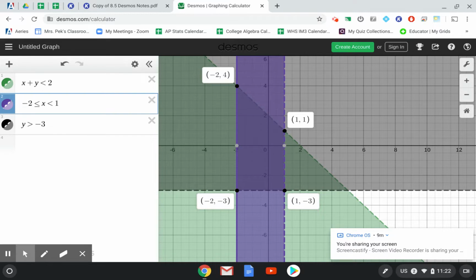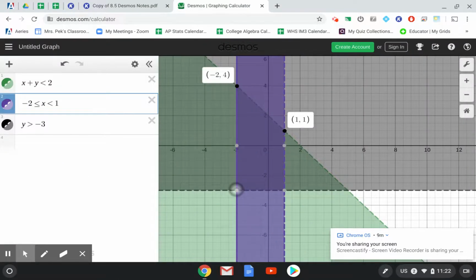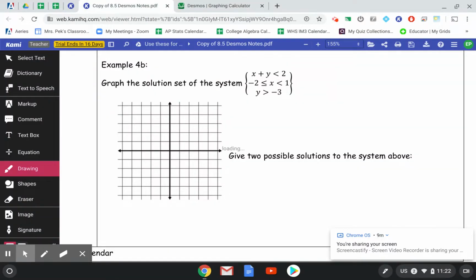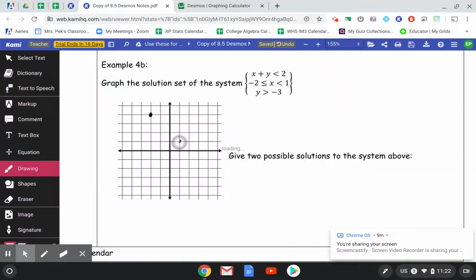I'm going to use these 2 points, -2, 4, and 1, 1, to draw my diagonal line. -2, 4, and 1, 1, to draw my dashed diagonal line. And then I have x is between -2 solid line and +1 dashed line.